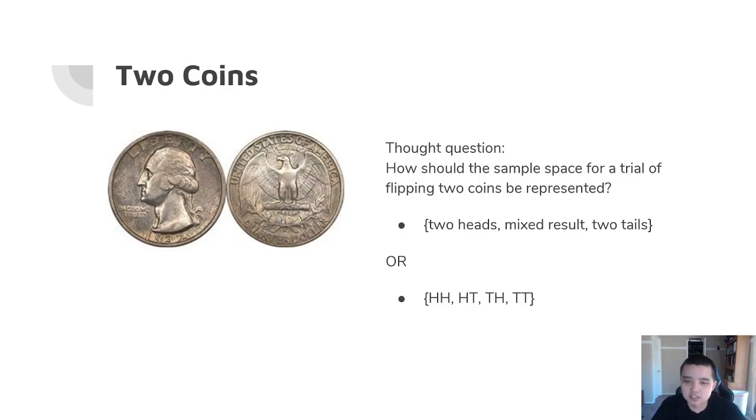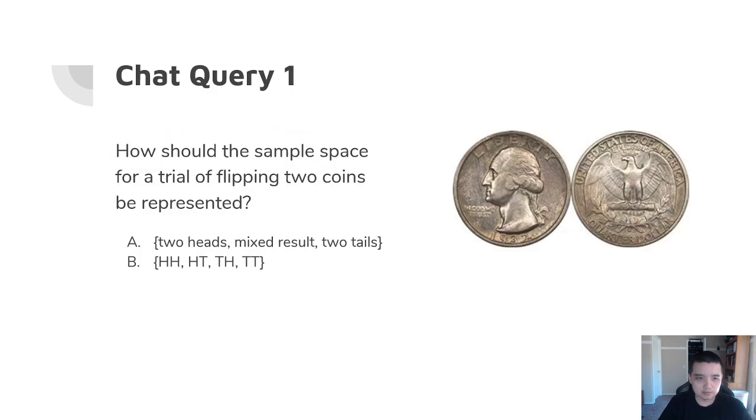How should the sample space for a trial of flipping two coins be represented? Do we have this three element space that's two heads, mixed, or two tails? Or in the bottom right, do we have HH, HT, TH, and TT? So go ahead and think about that and make your guesses in the chat room.